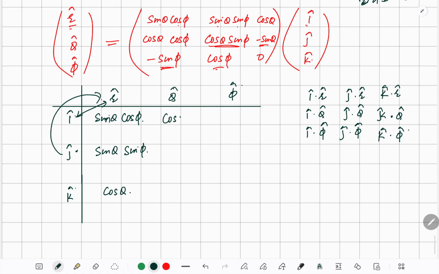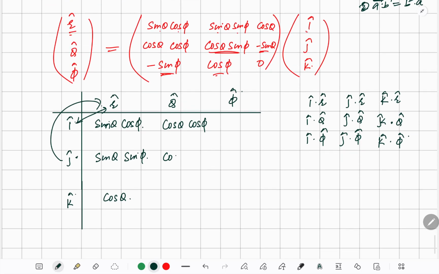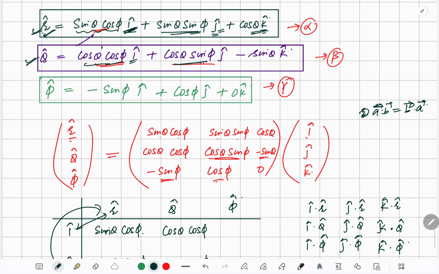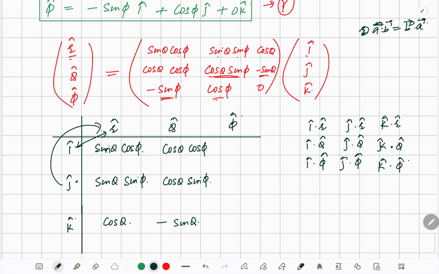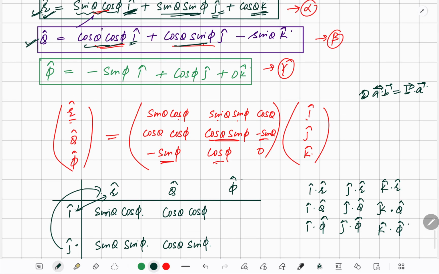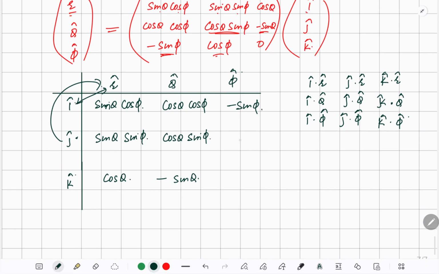Similarly, cos theta sine phi, and minus sine theta. And for phi cap, i cap dot phi cap would be minus sine phi, and cos phi, and 0.